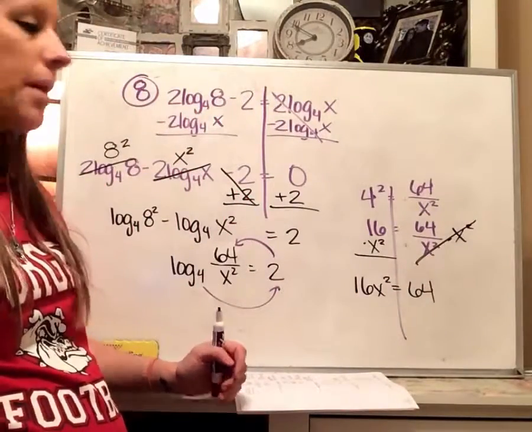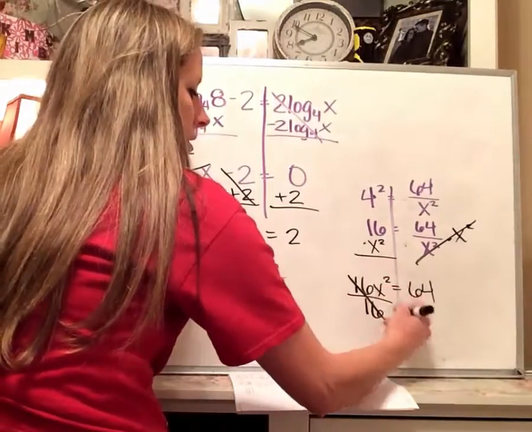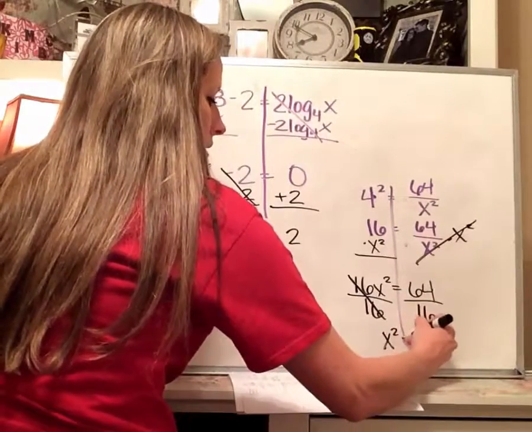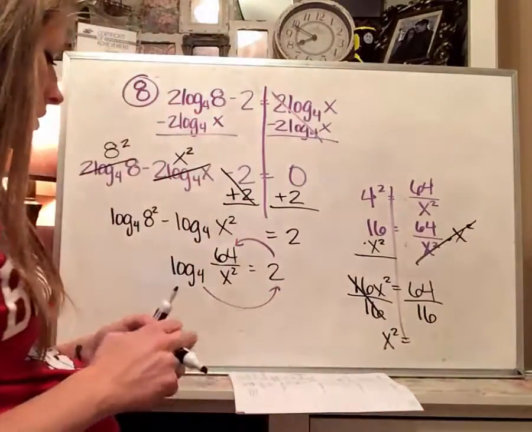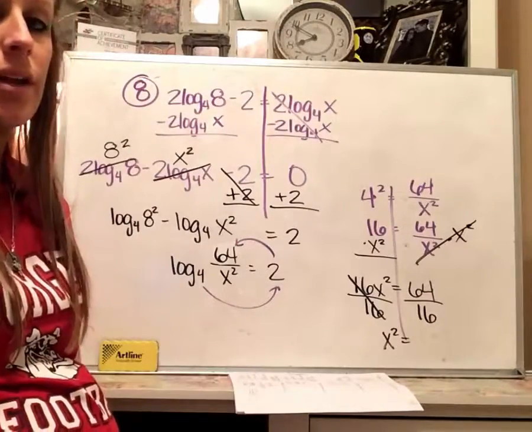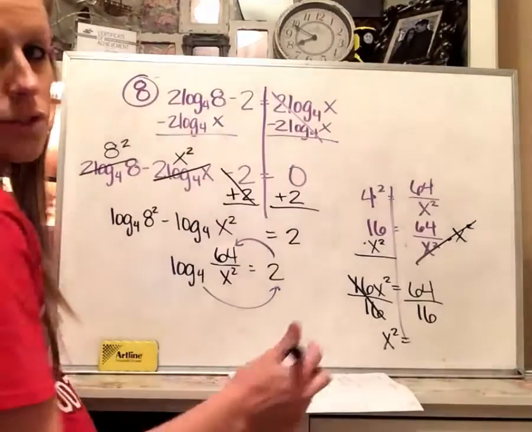I want my x squared by itself, so I'm going to divide by 16. And x squared equals 64 divided by 16. Punch that in your calculator. I'll give you a couple seconds. You should get 4.